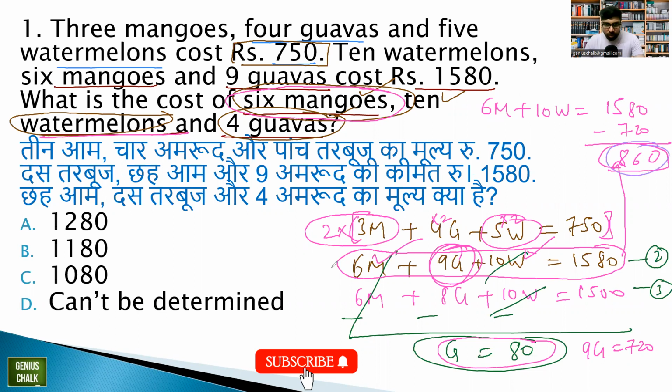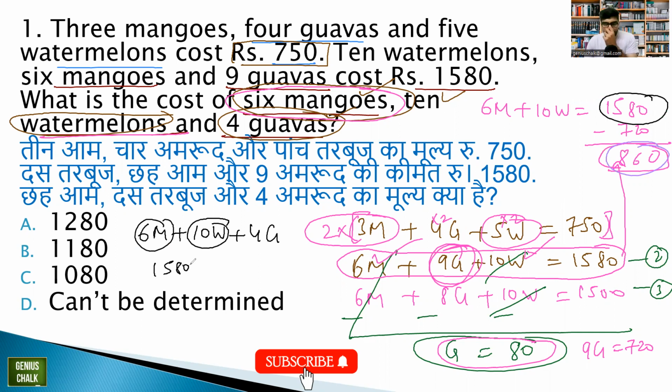Now again putting the value here, I get 6 mangoes plus 10 watermelons plus 4 guavas. So 6 mangoes plus 10 watermelons is 860, sorry, this is not 720, this is 860.